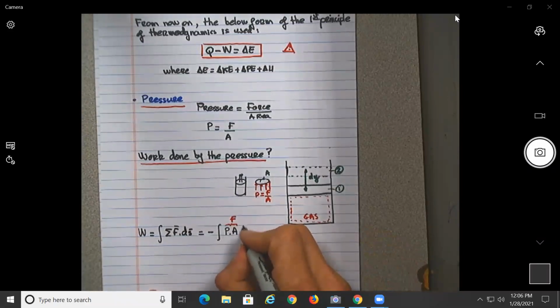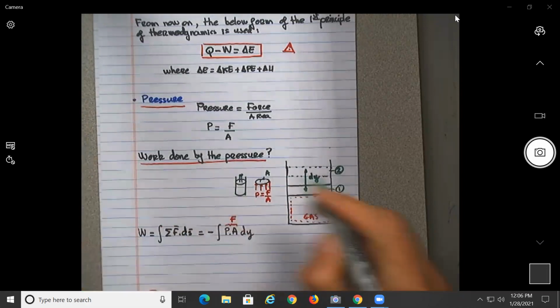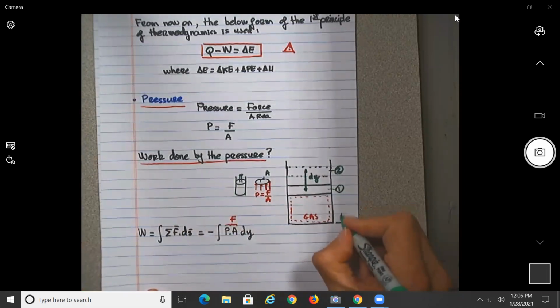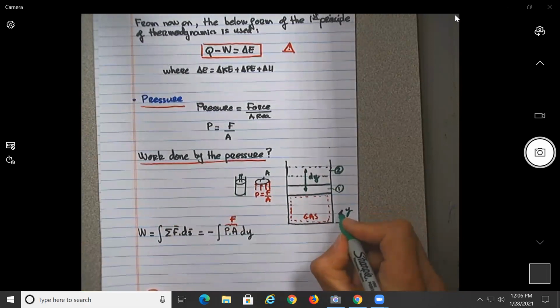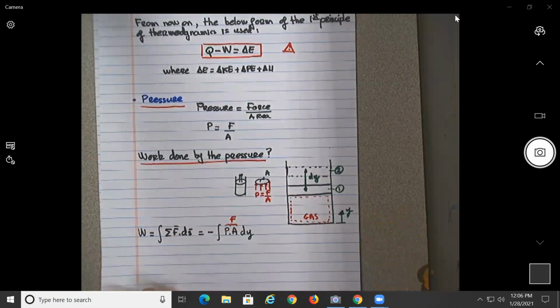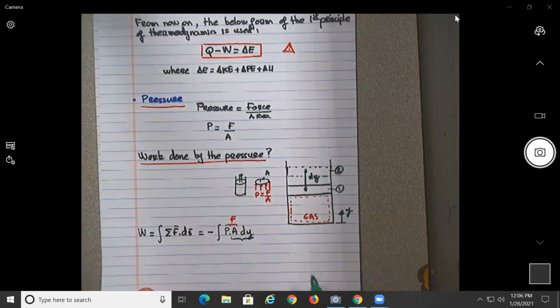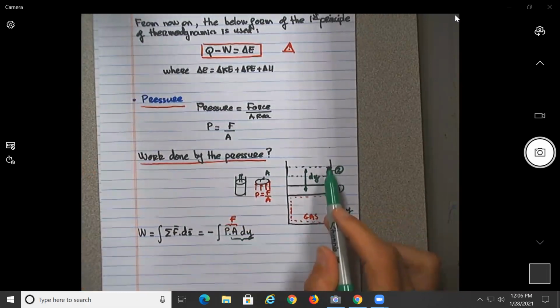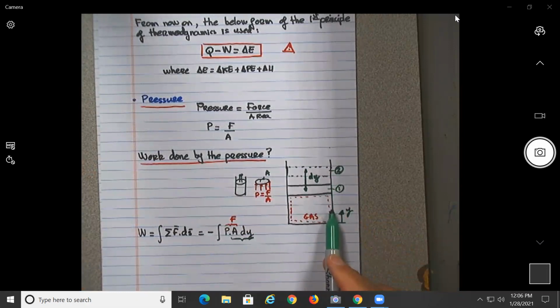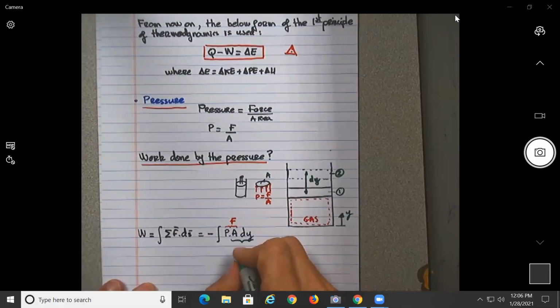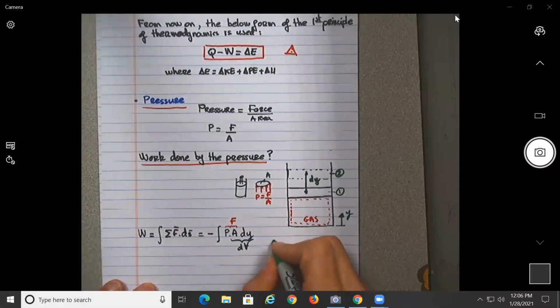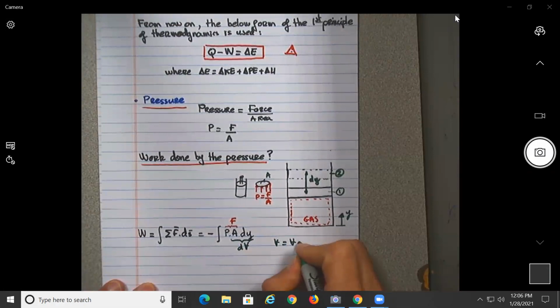It's moving in, let's call this the y direction. Now, what is A times dy? Area times change in height is going to be volume, no? So this really becomes dV, where V is volume.